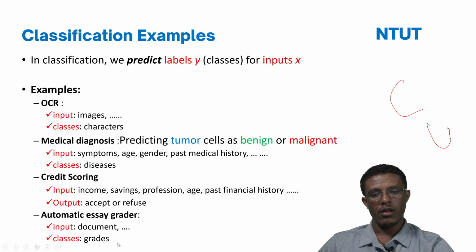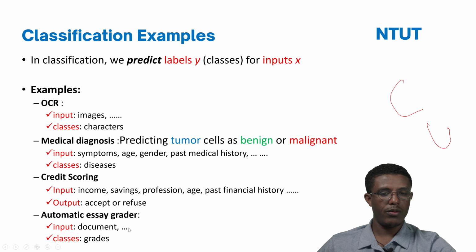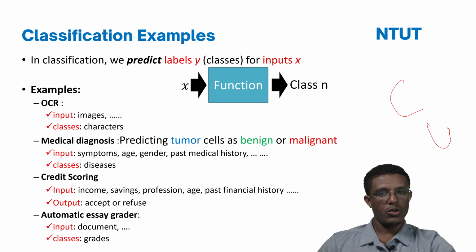So maybe there is student 1 document, student 2 document, student 3 document, student 4 document, with grades like 14, 15, 16, and then we assign the grade for each document. This is also an example. So there is always an X function, and finally there is a class label.